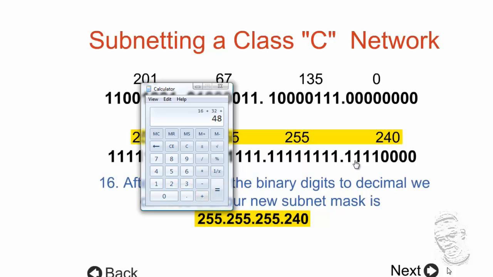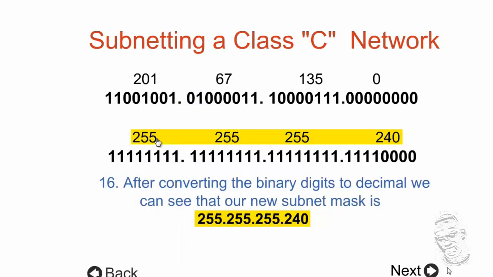And I'm going to add this now to 64, and then I'm going to add this last bit, which is 128. And this is how I got my number here, 240, as a subnet mask to have at least the 15 subnets that I'm looking for. So let's minimize my calculator here for now and move on with my video presentation.